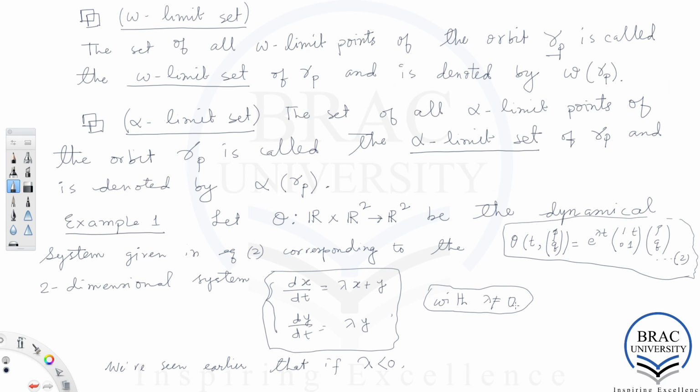We have seen earlier that if lambda is strictly negative, then for any orbit of the vector PQ, there is only one omega limit point, and that is the 0 vector.